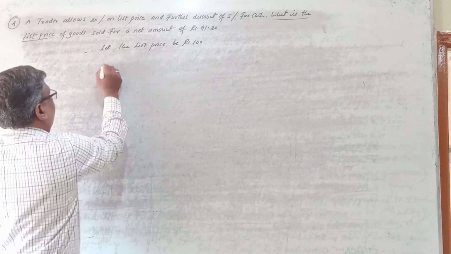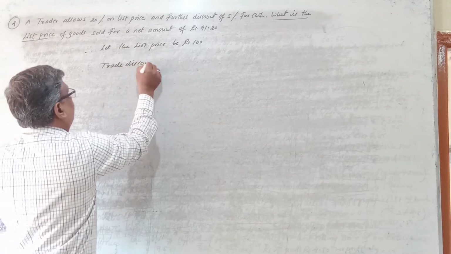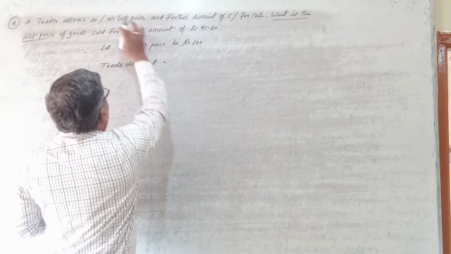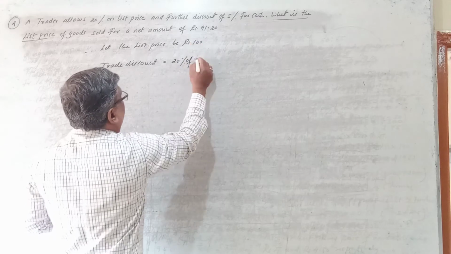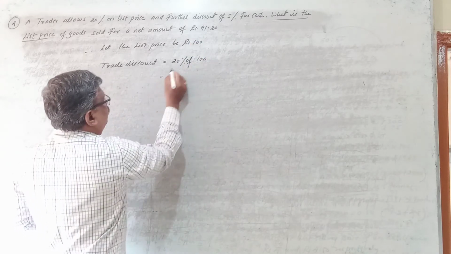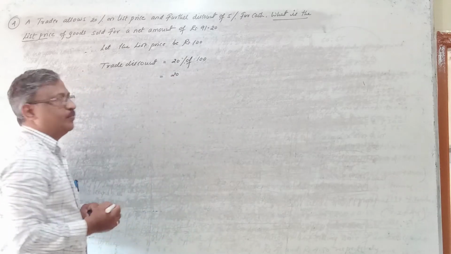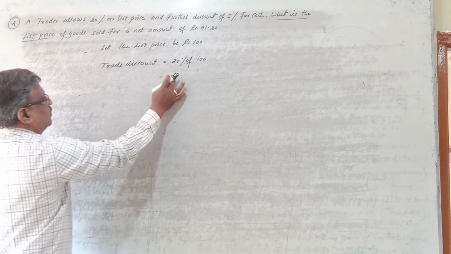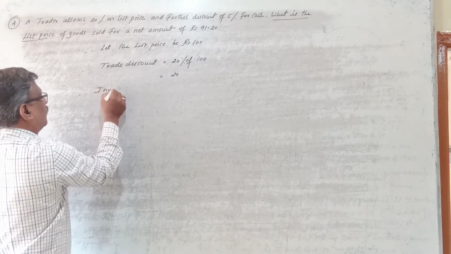First we calculate the trade discount. Trade discount is 20% on the list price. 20% on 100 rupees comes to 20 rupees. So the trade discount is 20 rupees. Now find out the invoice price.